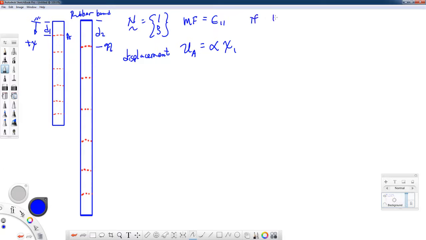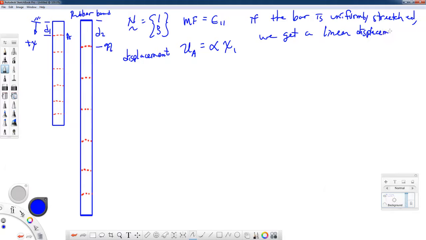So if the bar is uniformly stretched, we get a linear displacement field. And this term alpha is a constant.